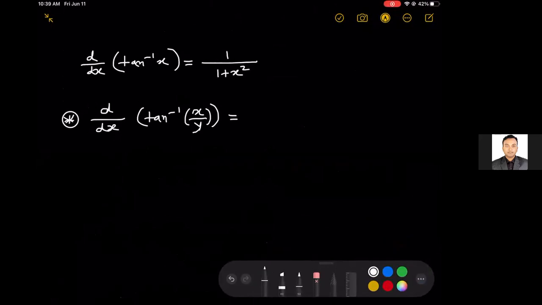It's tan inverse x over y. Are we going to be using the product rule? I can't see any functions multiplied with each other. Anyone else?